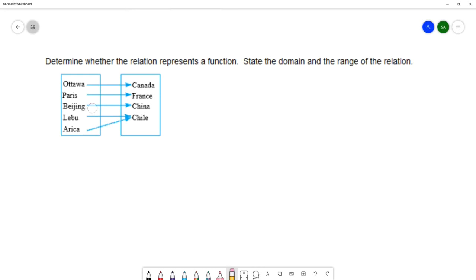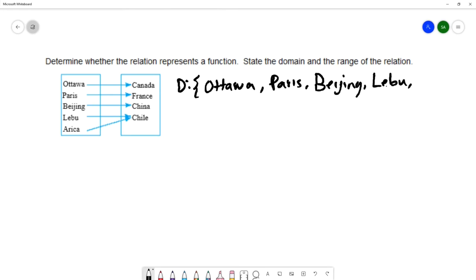So we have here this first list. This will be our domain, and this one will be our range. So we're going to be able to say that the domain is Ottawa, Paris, Beijing, Libu, and Arica.